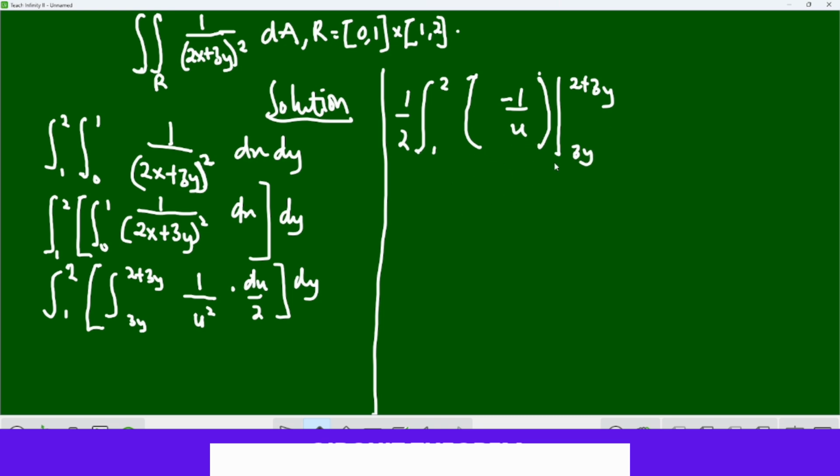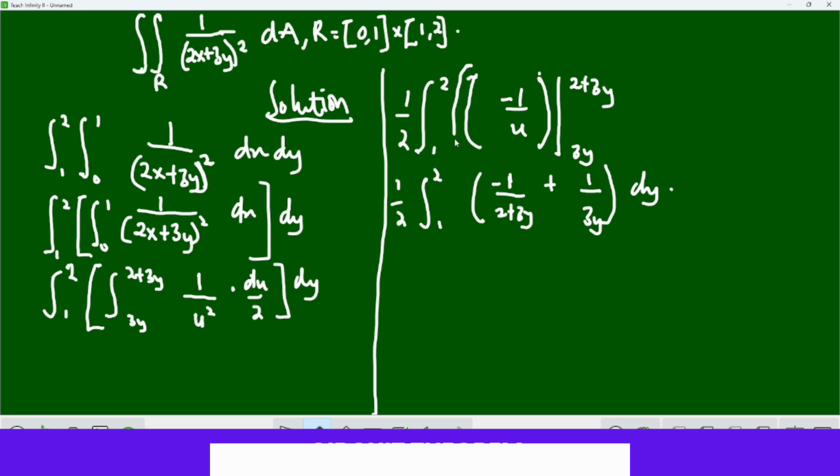So now I put the upper limits inside. So 1 over 2, integral from 1 to 2 of negative 1 all over 2 plus 3y, minus minus, because there's a minus here, it becomes plus 1 over 3y, all this dy.